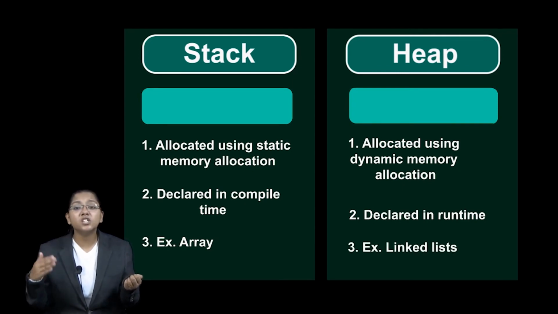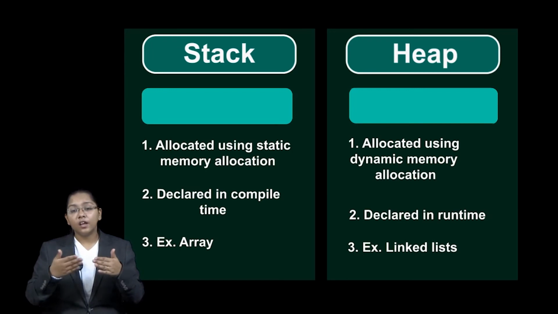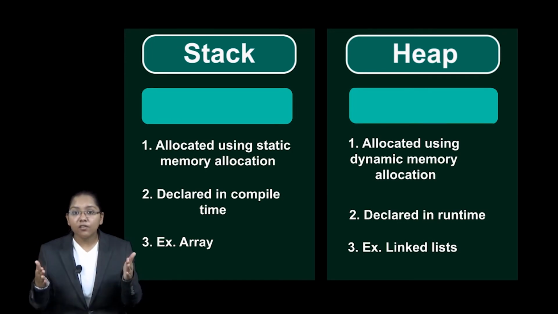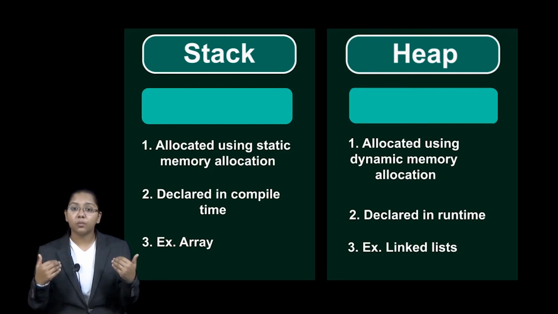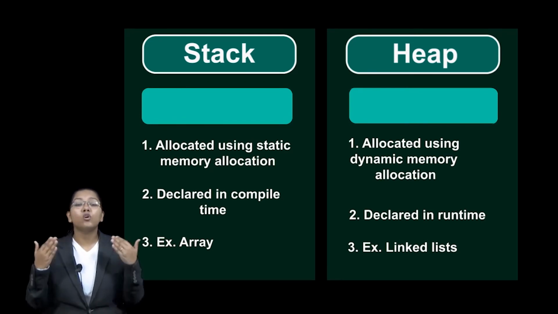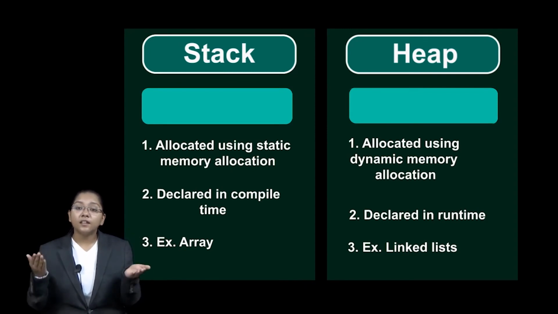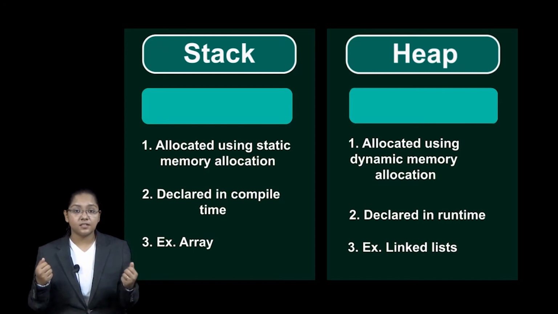We can change the length, that is the size, of a linked list at runtime as per my choice, even after it is compiled. I can do it, and those values get stored in my heap. So this is the second point of difference between stack memory allocation and heap memory.